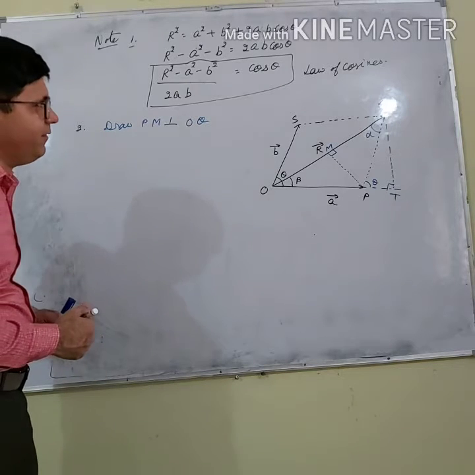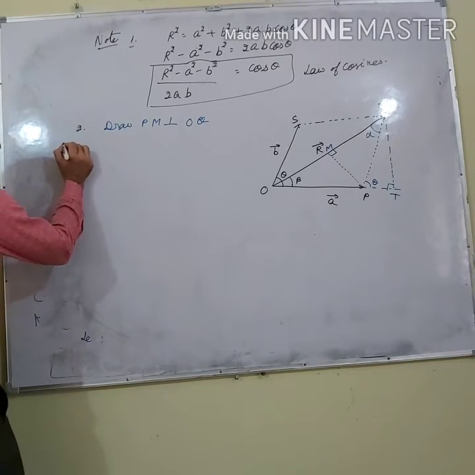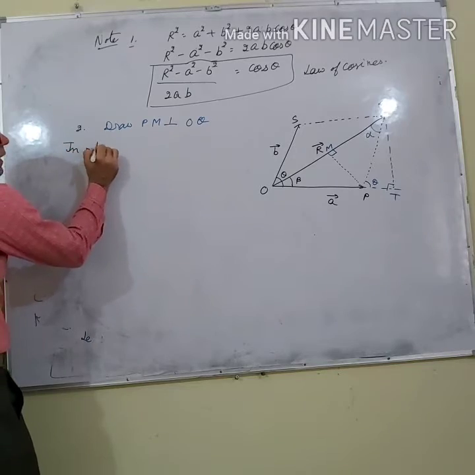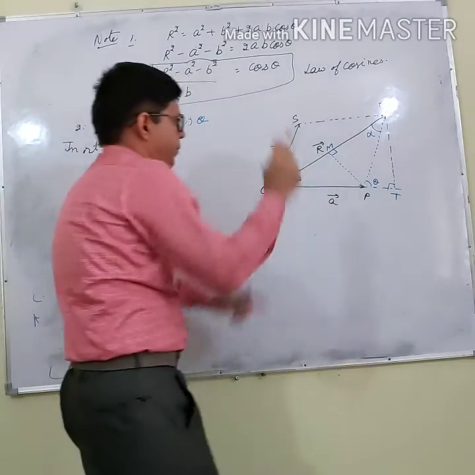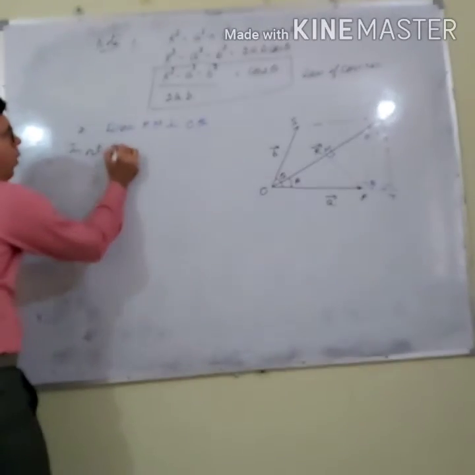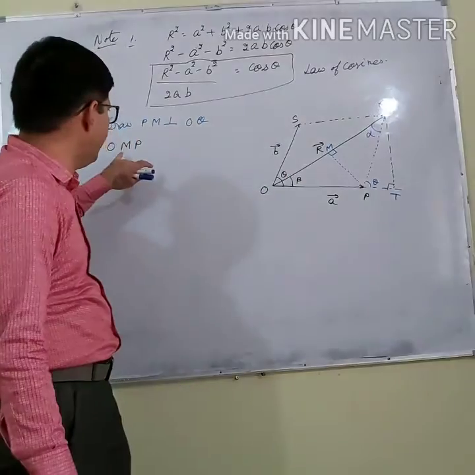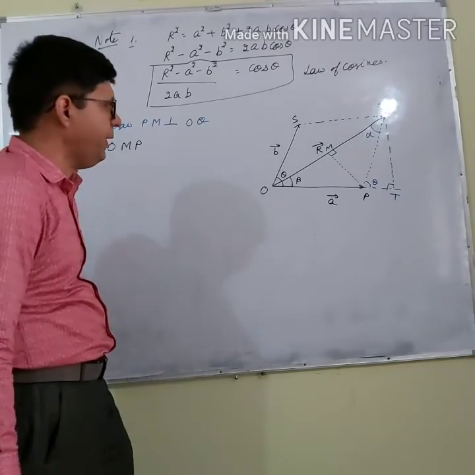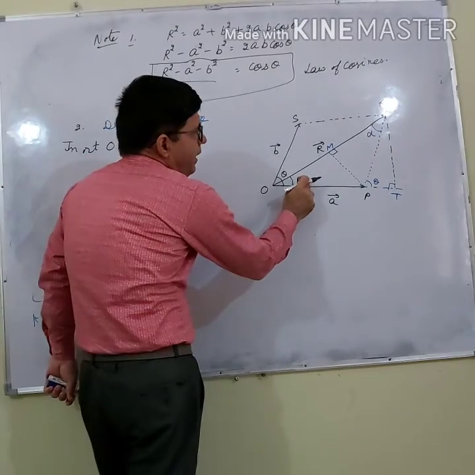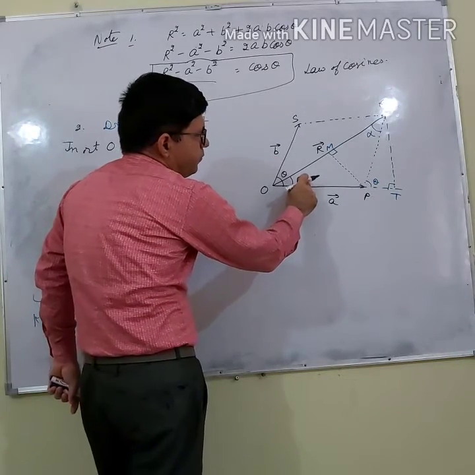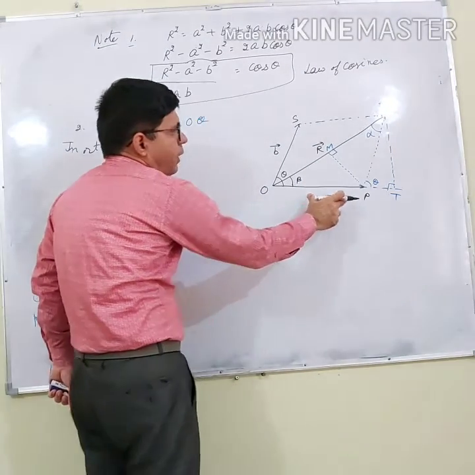Now in right triangle OMP, because at M the angle is 90 degrees, I will take M in the middle of O and P. This is the perpendicular, and this is the hypotenuse.